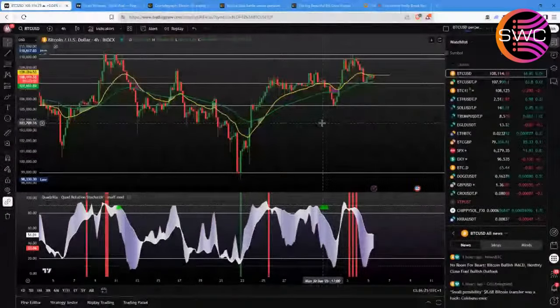We can draw in some support lines, but they're getting further and further away, and for day-to-day trading, becoming less and less relevant, at least for a while, until they suddenly become very relevant again when the price comes back down.